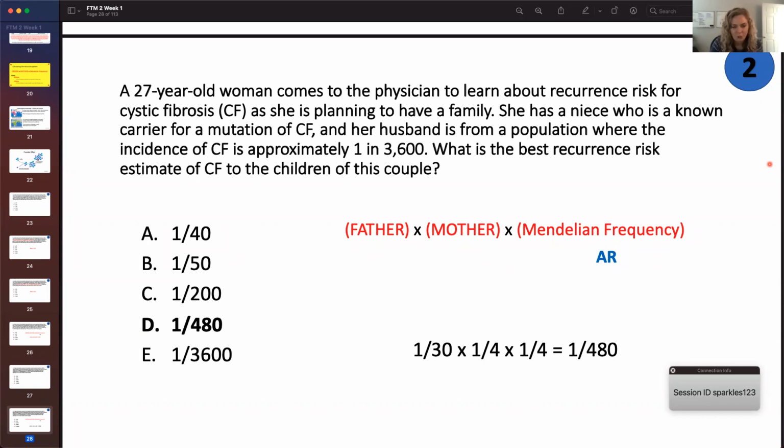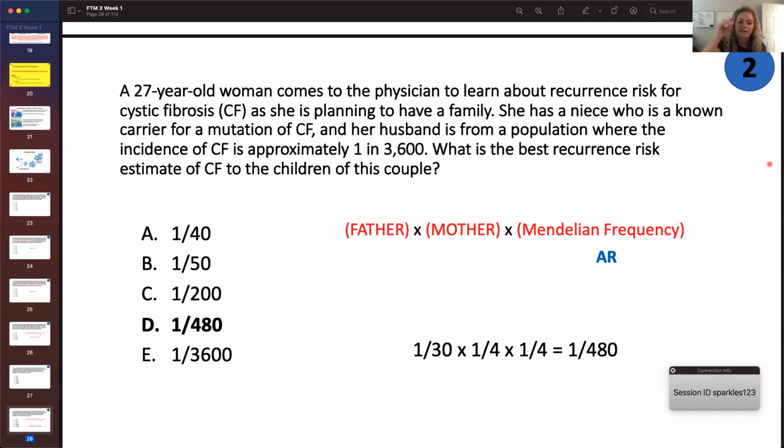Now, I'm pretty sure that you guys are not going to get asked questions this far out. It's definitely fair game to say that the niece is affected with cystic fibrosis, and then you would know that the mother would be 1/2 in that situation. But the problem here is that the niece is a carrier, so you have to pick up on that. Sarah is the one that explained this to me because I seriously couldn't conceptualize it.